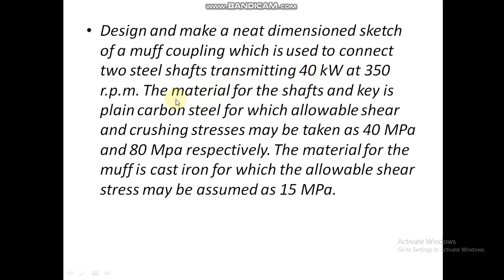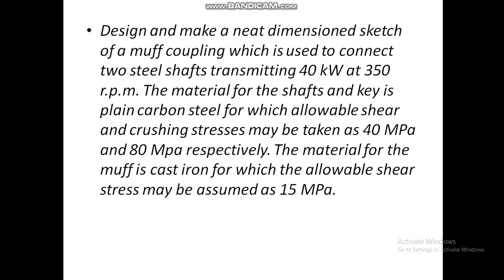In the second line, the material for the shafts and key is given as plain carbon steel, for which allowable shear and crushing stresses may be taken as 40 and 80 megapascal. So the material for the shaft and key is the same, that is, plain carbon steel.